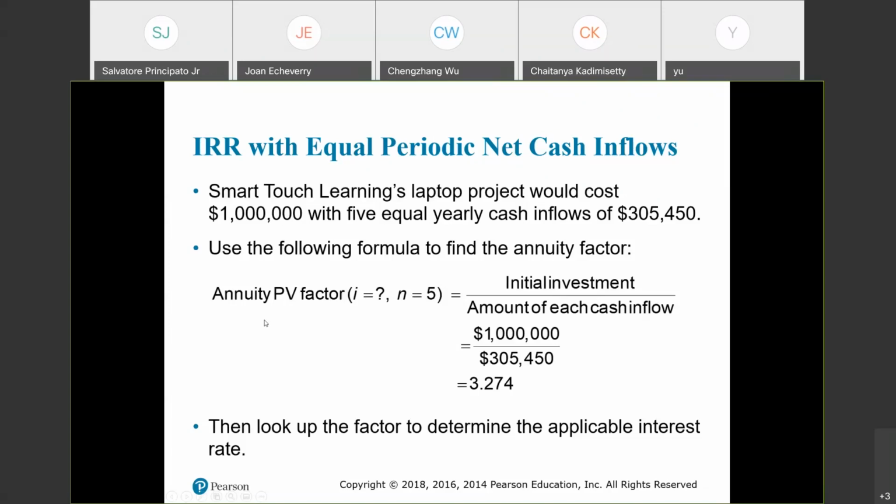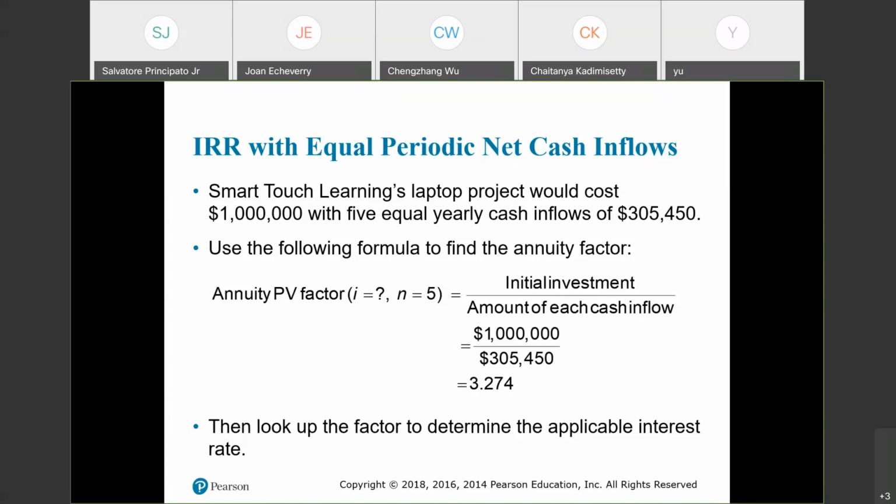First of all, we need to know its annuity present value factor. It can be calculated using the initial investment divided by the amount of each period's cash inflow.